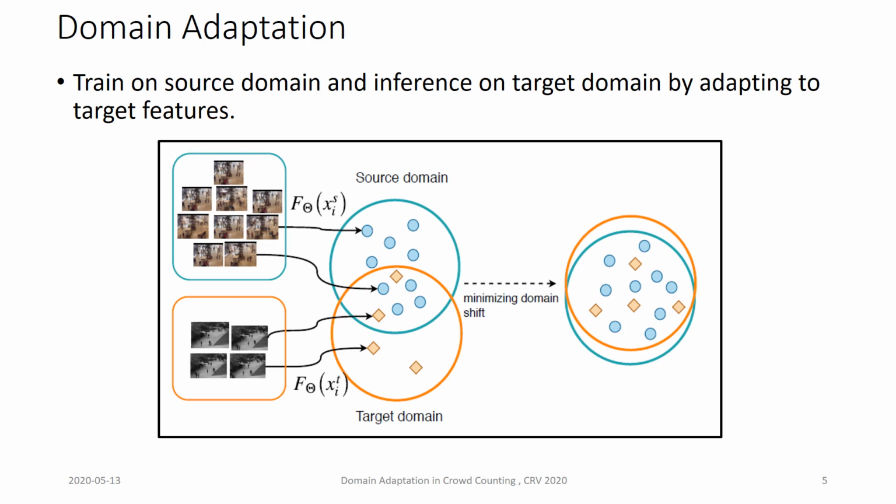The objective of domain adaptation here is to train the network on source domain data and run inference on the target domain by adapting to the target features. As shown in this figure, source domain images correspond to features that form a cluster in latent space, as indicated by the blue circles.